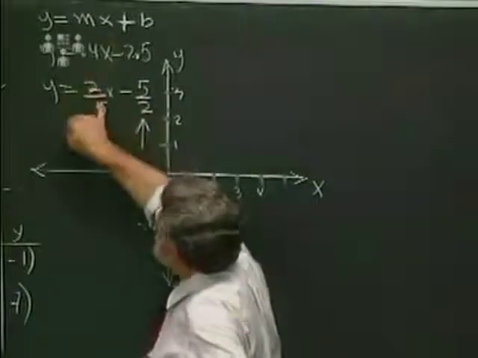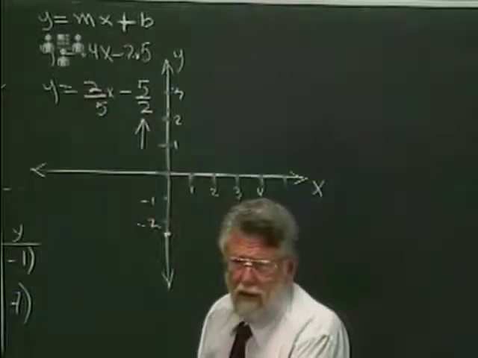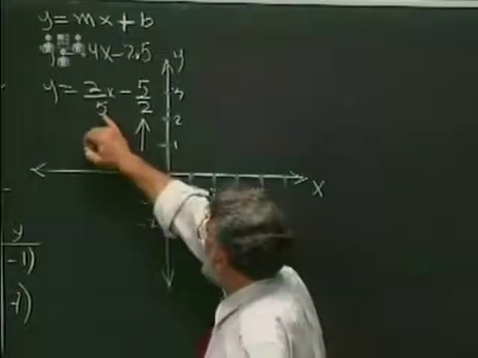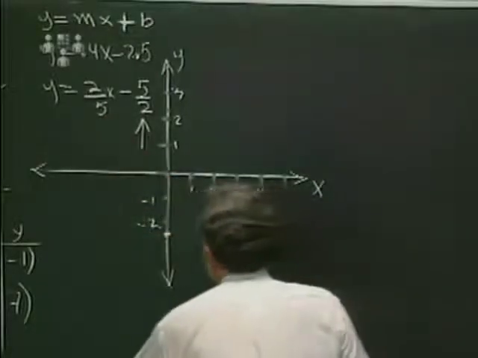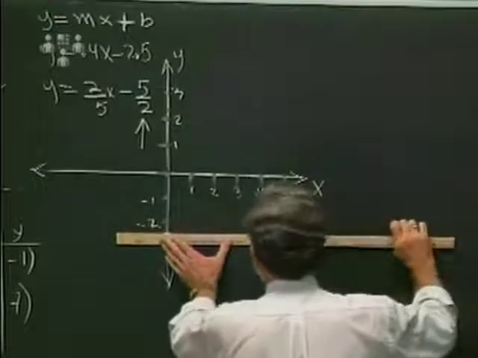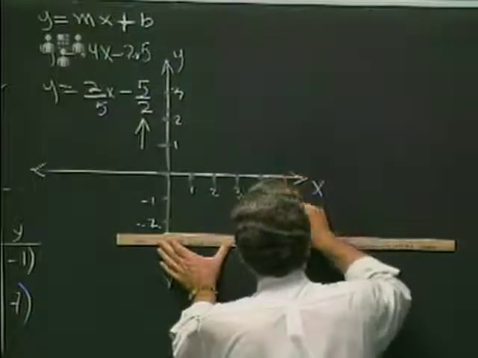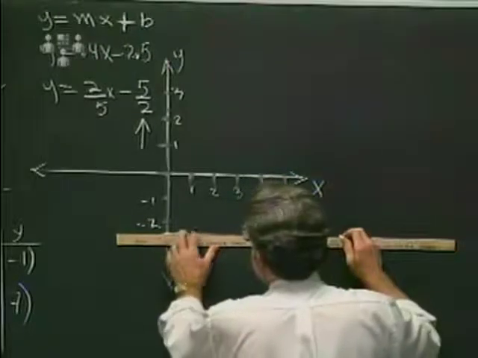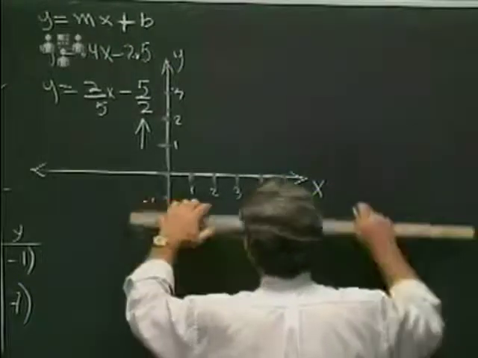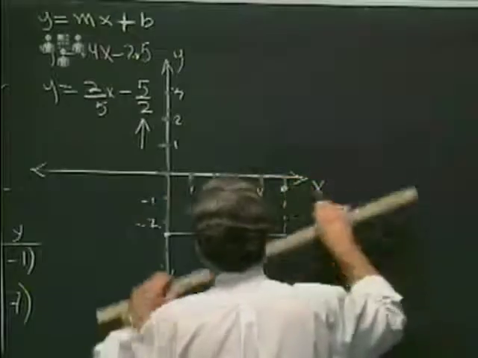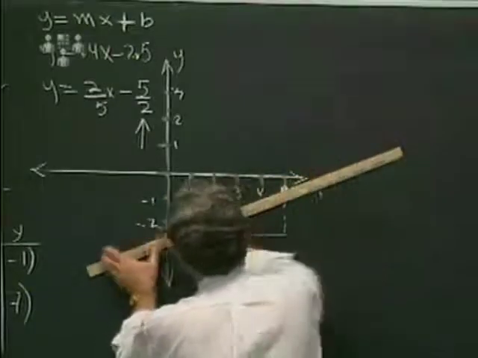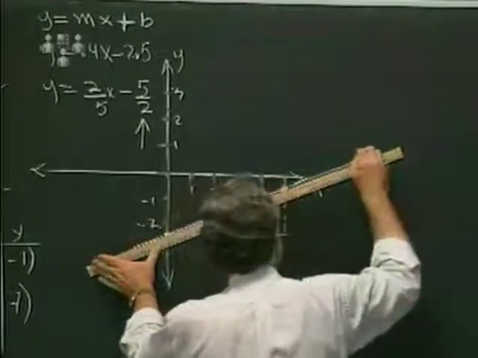The coefficient is the slope. So this says you have a run of 5 and a rise of 2. Here's my run. There was the 5 coming down here. And you're supposed to go up 2. So there's 1, 2. So here's my other point. Have my line.